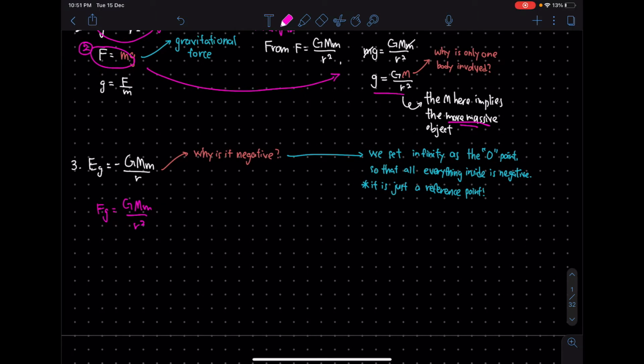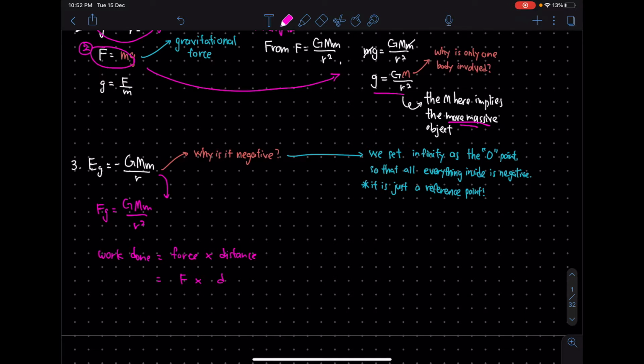If you remember from your previous physics lessons, work done is equal to force times distance. Notice that this equation somewhat resembles this one.